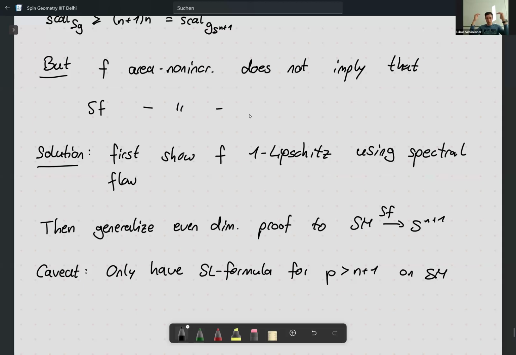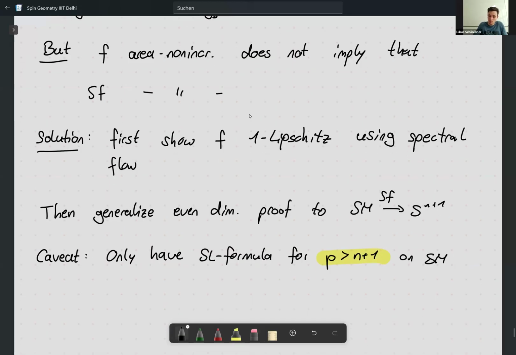We now increased the dimension by 1, but we didn't increase p. So in order that this proof holds, we actually need to assume this, but it's a bit stronger than what's in the theorem. We think that it can still be worked out with the assumption p bigger than n.